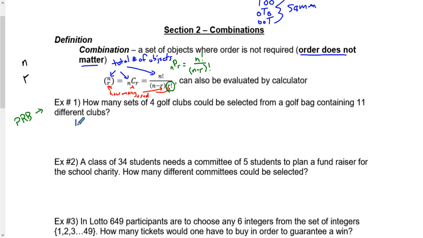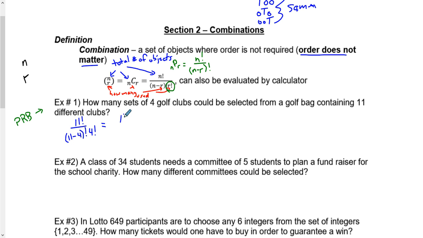But long story short, it's 11 factorial divided by (11 subtract 4) factorial, 4 factorial. So I'm going to show the long way, and then we're going to do it just by calculation, because I just want to get us into the habit of being able to use the formula.